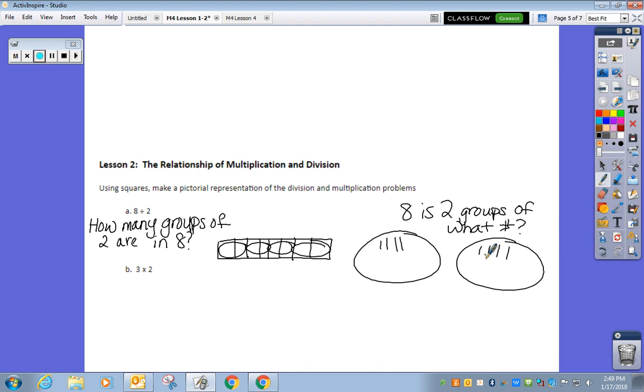If I'm doing 3 times 2, I can do 2 groups of 3, which would be equal to 1, 2, 3, 4, 5, 6, or I can do 3 groups of 2, which again is going to give me the 2, 4, 6 that I'm looking for from 3 times 2. So just different ways to look at division and multiplication problems.